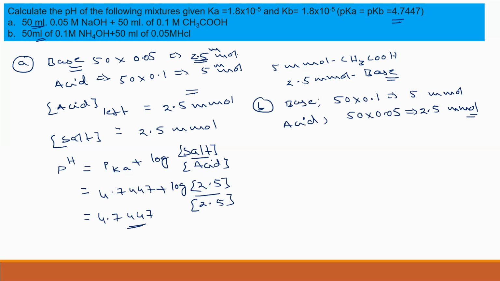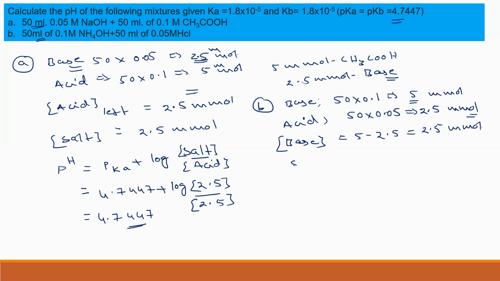Okay, so after neutralization, 2.5 millimoles of this base is neutralized by 2.5 millimoles of acid, and the amount of base left is what? So 5 minus 2.5. So the amount of base left is 2.5 millimole.